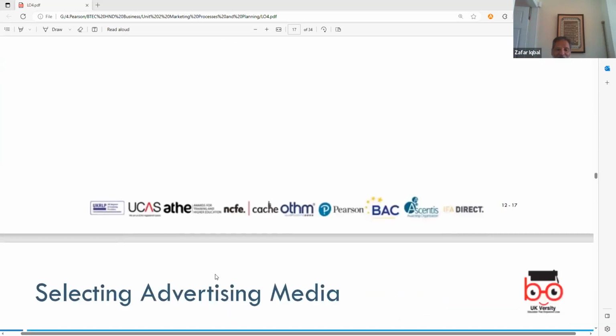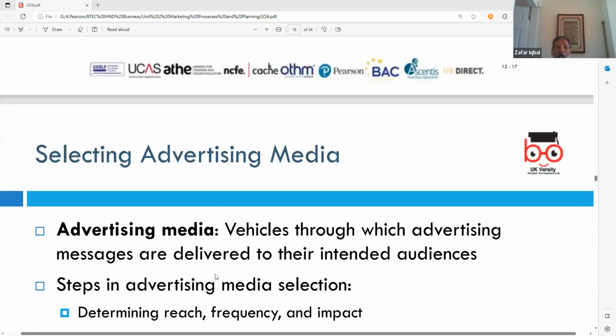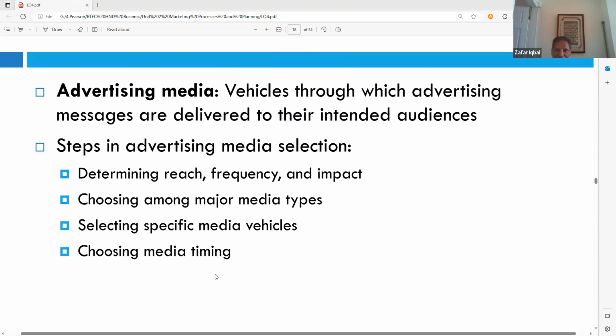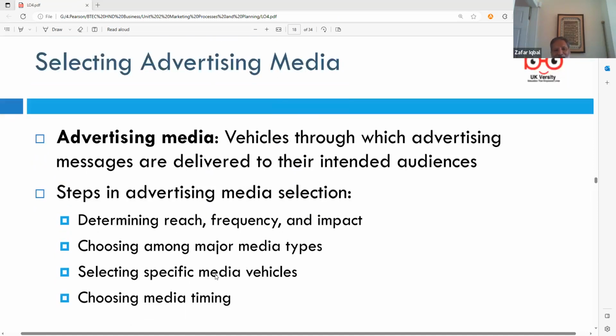Okay, so this is very important. And the media you select is the mode that you're going to use to send your message across to the audience.